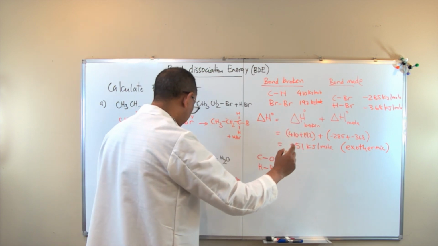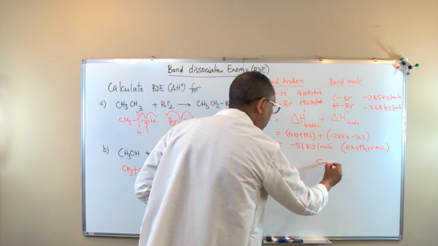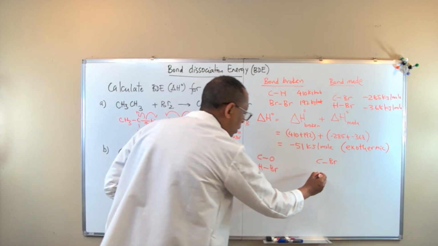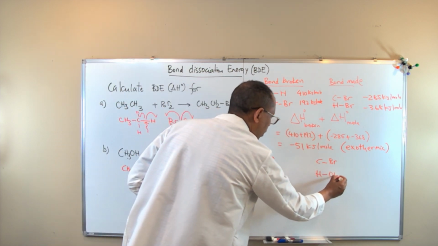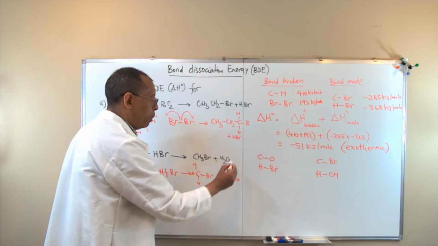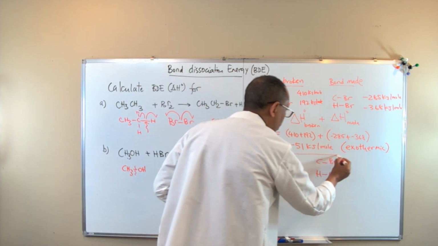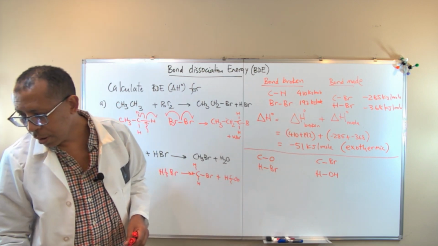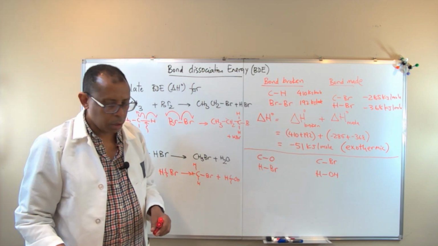And for bonds made, C-Br, carbon-bromine, and for water, this is what's being made. So now we would be just calculating for each one of them.